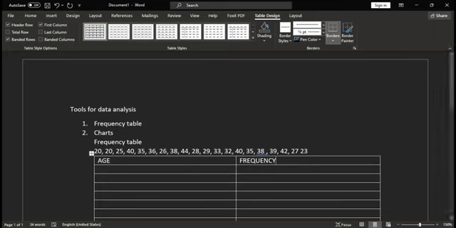When the data is so much, we put it in form of a range.